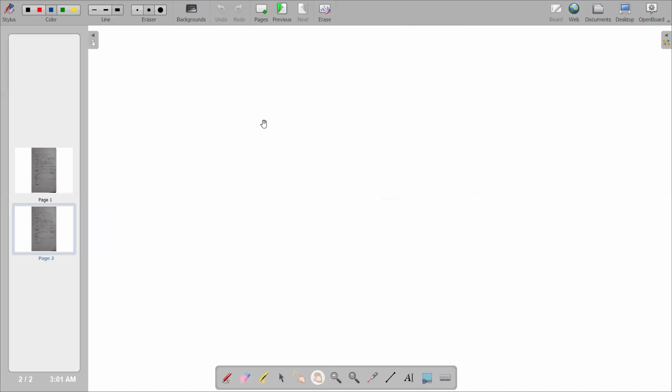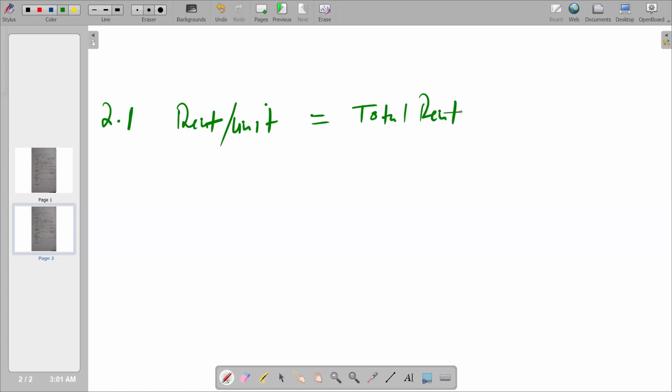So this is our 2.1. We can put down the formula first. Rent per unit is equal to total rent divided by number of units.